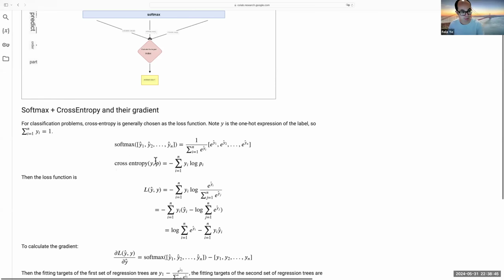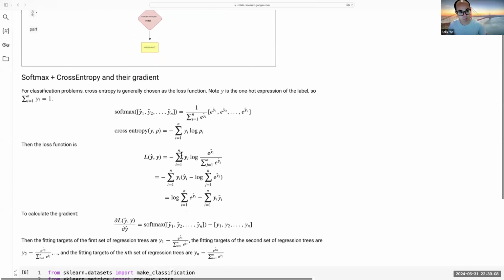Here we work with a cross entropy loss, and you can write down this cross entropy loss function explicitly, because this p_i is given by the softmax function, so it is given out explicitly.